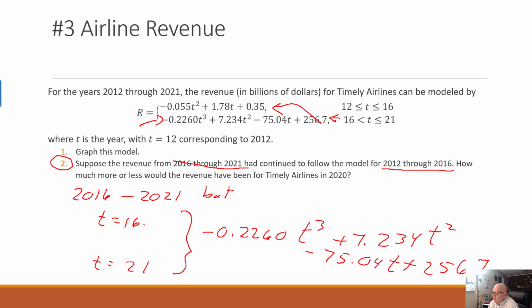Now, what it says is, how much more or less would the revenue have been for the airlines in 2020? Well, 2020 would be t equals 20. And since it's between 16 and 21, you're going to use this formula instead of the previous one.